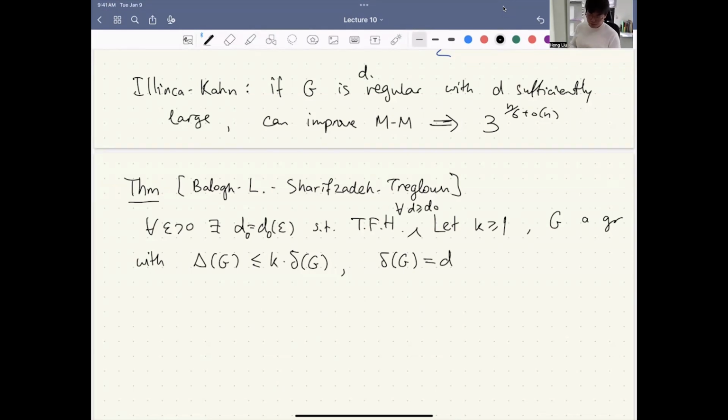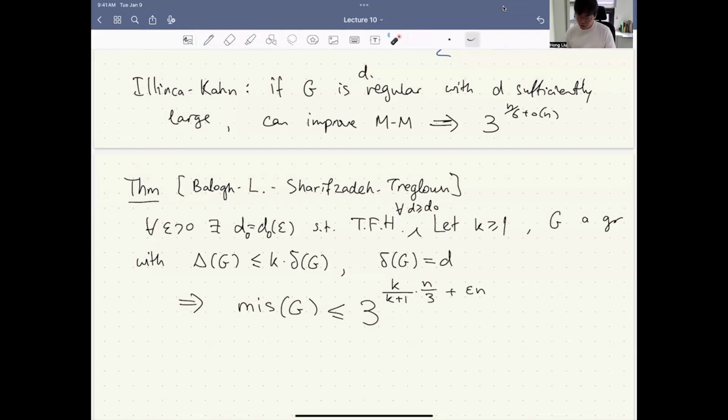Then the conclusion is that the number of maximal independent sets in this graph G is at most 3 to the k over k plus 1 times n over 3, plus epsilon n.